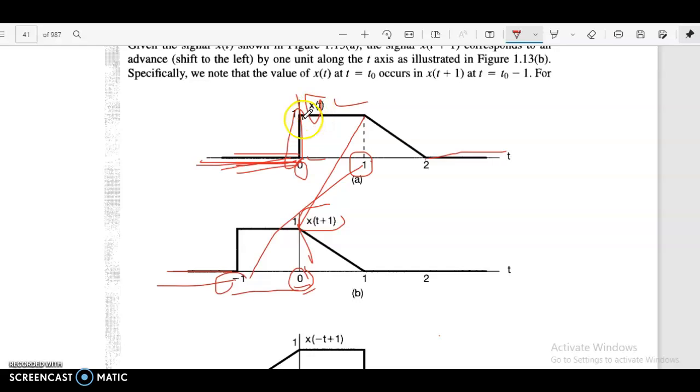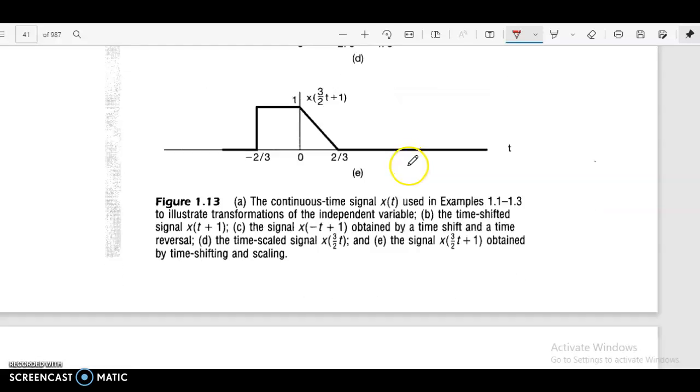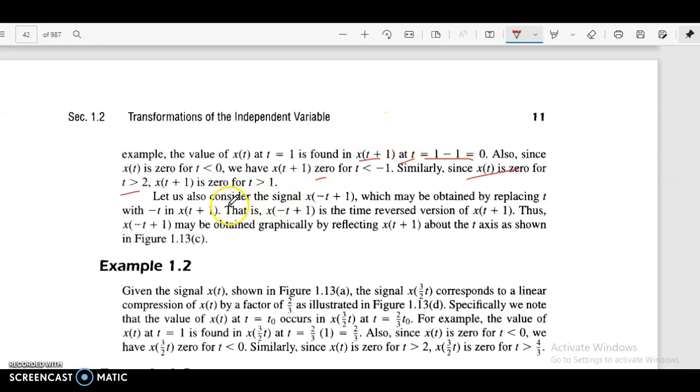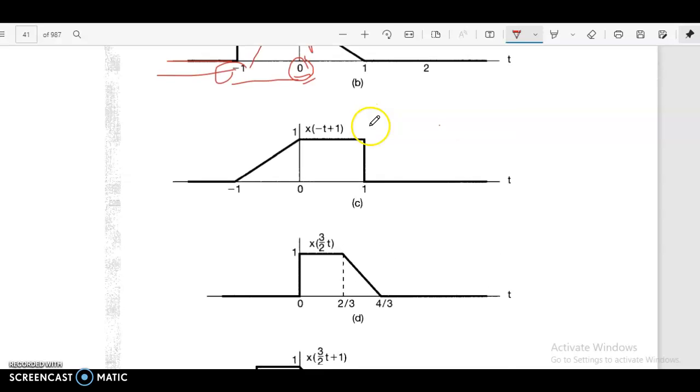X of t here only 1. Here slope only. x of t plus 1 is 0 for t greater than 1.